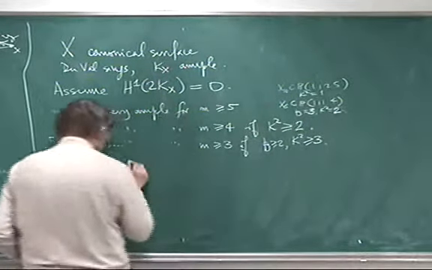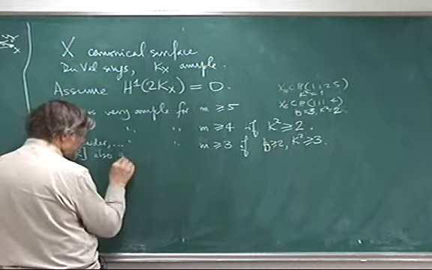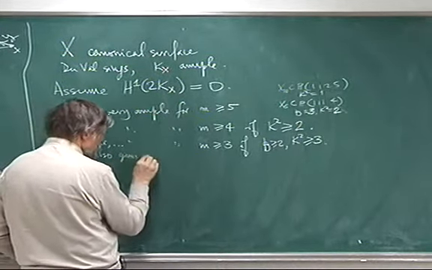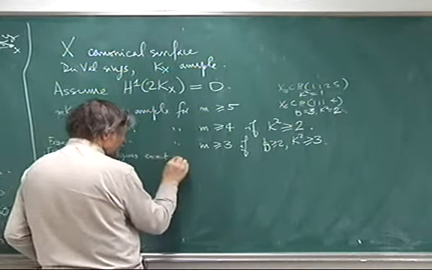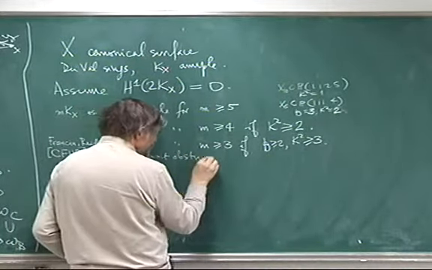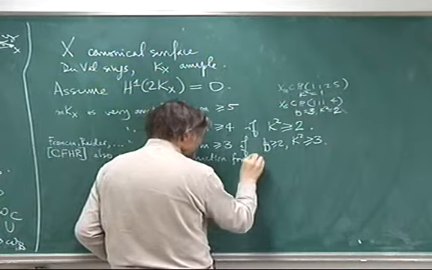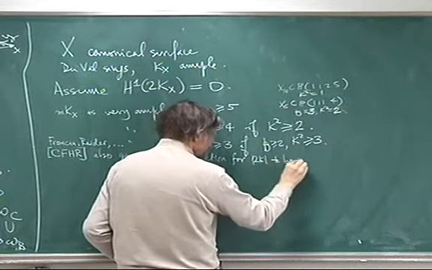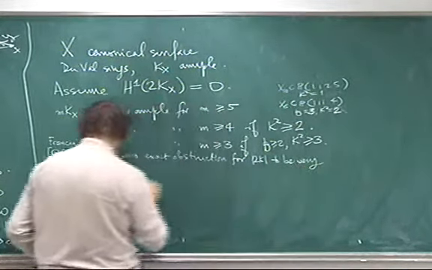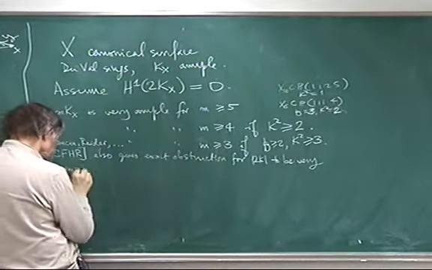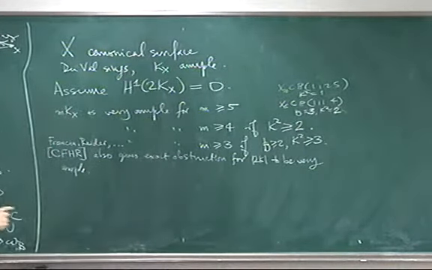It also gives an exact obstruction for 2K to be very ample. And it's useful to say this because then you start understanding what the real substance of surface geometry is.